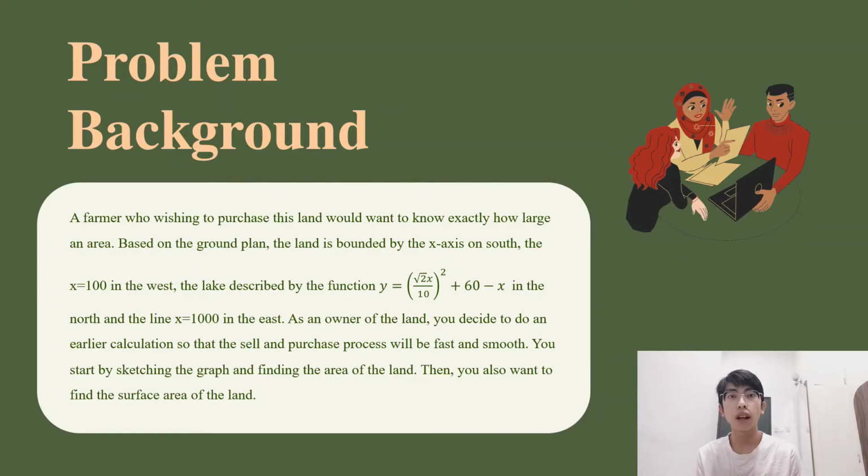Based on the ground plan, the land is bounded by the x-axis on the south, x equals 100 in the west, the lake described by the function y equals (square root of 2 times x/10) squared plus 60 minus x in the north, and the line x equals 1000 in the east.